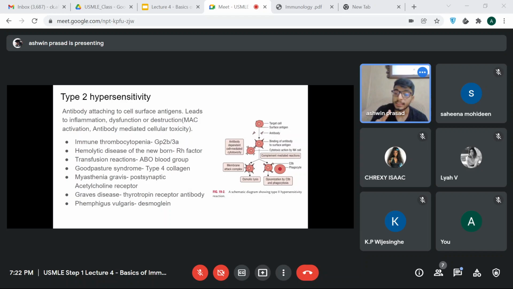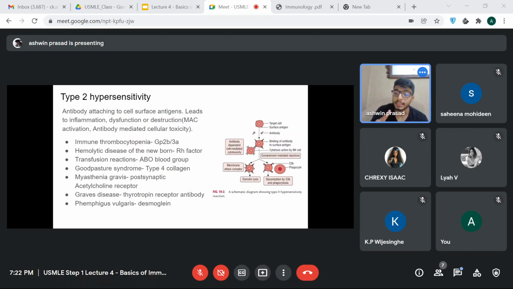The one is the newborn, where the Rh incompatibility happens, and the baby is all edematous and red because of the hemolysis and the end organ damage. And then the one below is myasthenia gravis, and to the right is pemphigus vulgaris, where desmoglein is targeted by the antibody, and you have a lot of bullae. That's what it's called when you have big blisters filled with fluid.